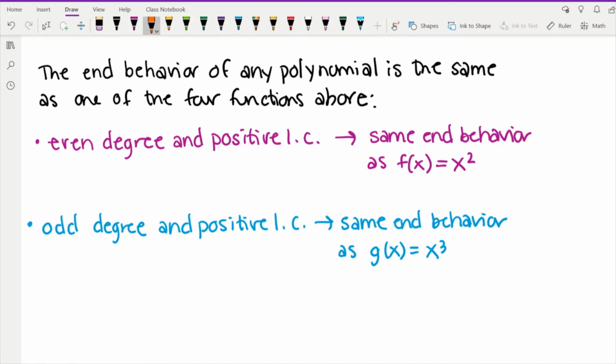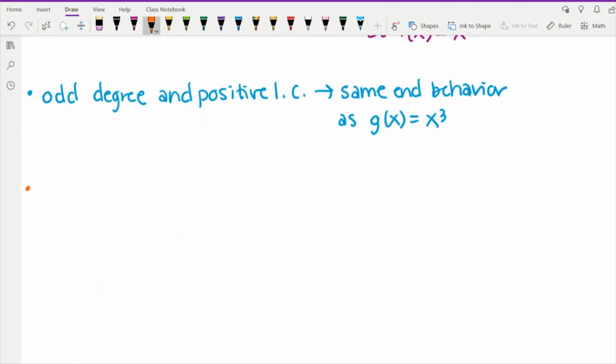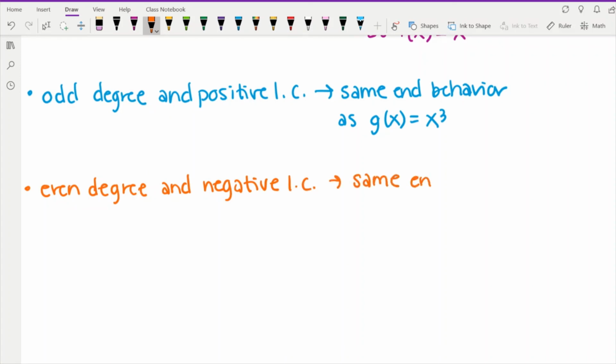Next one we had was negative x squared, and so that's the shape that you're going to have if you have an even degree and a negative leading coefficient, that's going to give you the same end behavior as h of x equals negative x squared.